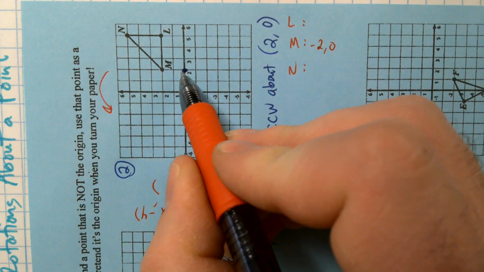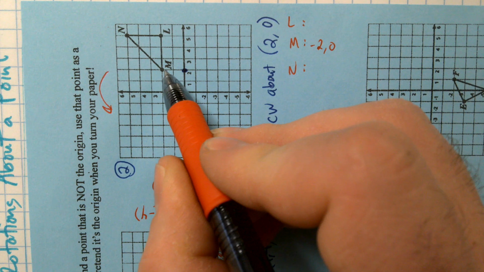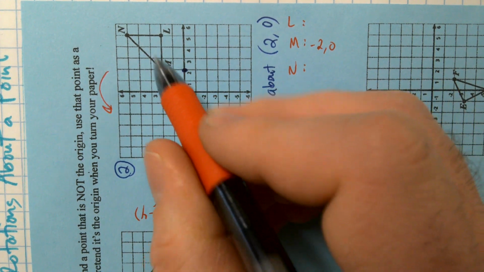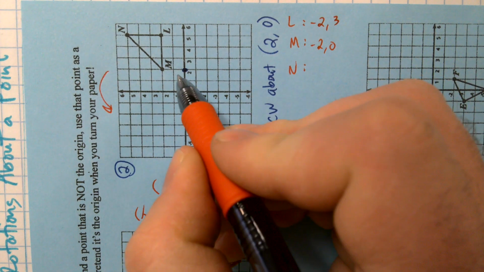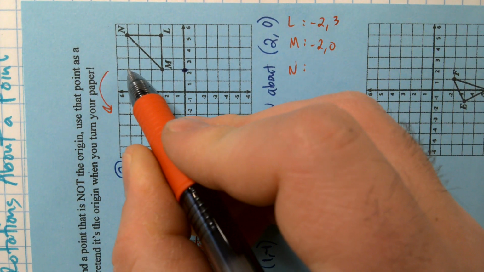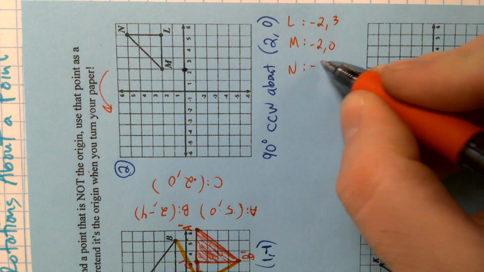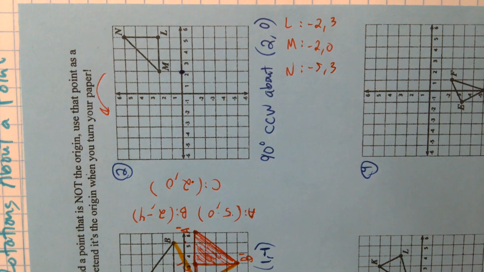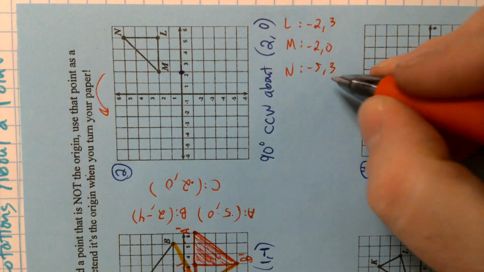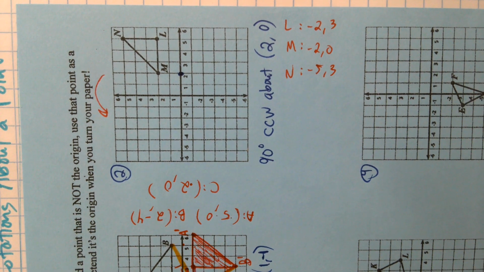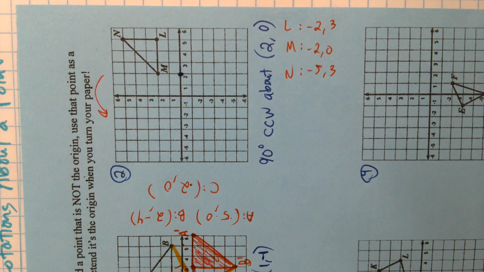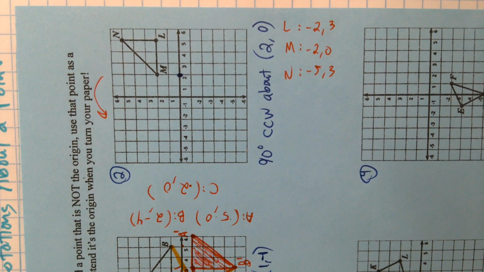What about L? Negative 2, positive 3. And what about N? Negative 5, 3. We okay with how we got those little coordinates, vectors?